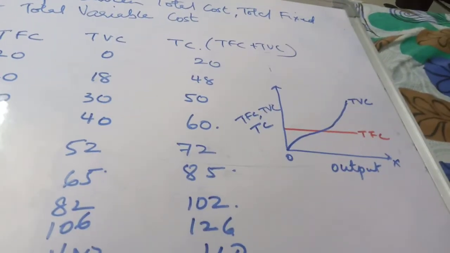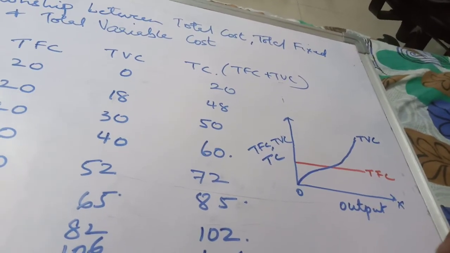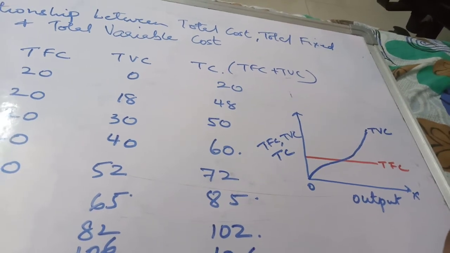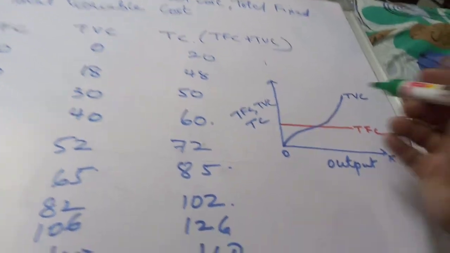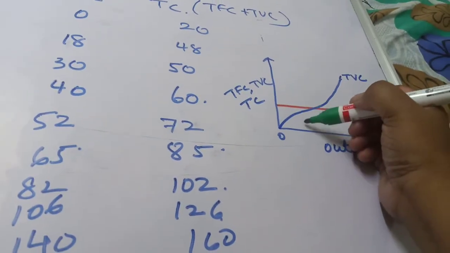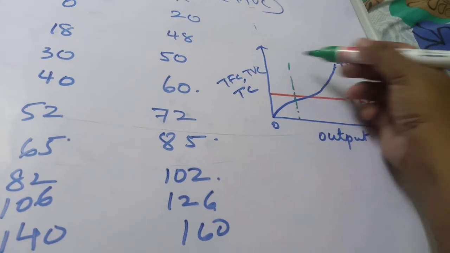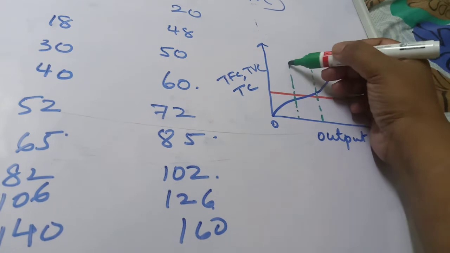Okay, and I said that the change in TC is entirely because of the change in TVC. Therefore you'll find that the TC slope is going to be the same as the TVC. So these are the three different slopes which happen in TVC. So we are going to make a perpendicular.